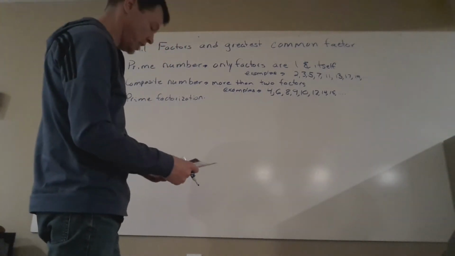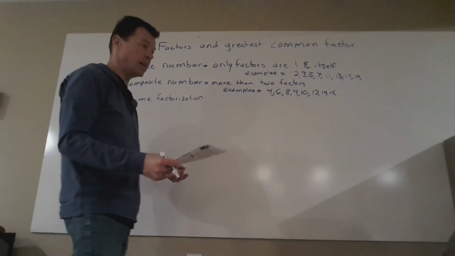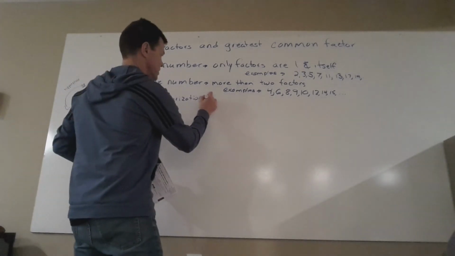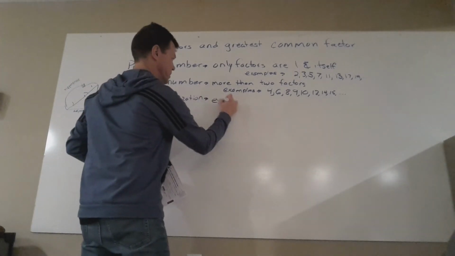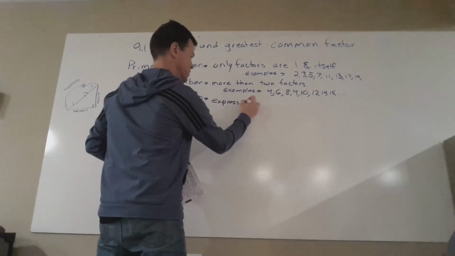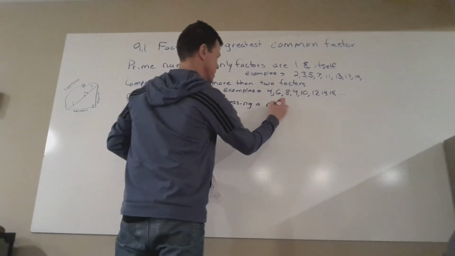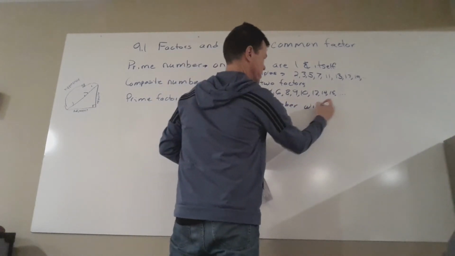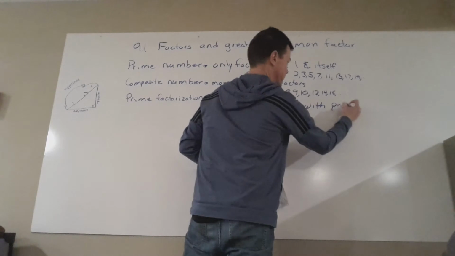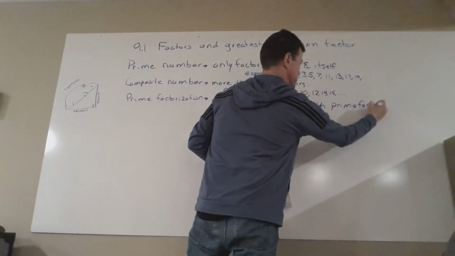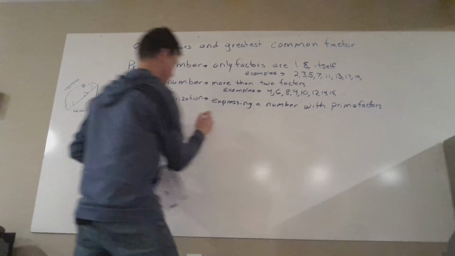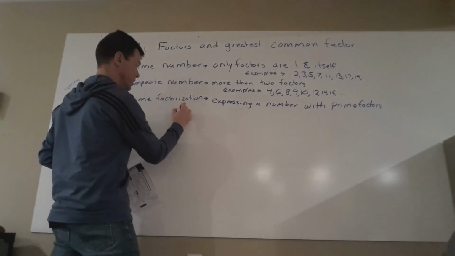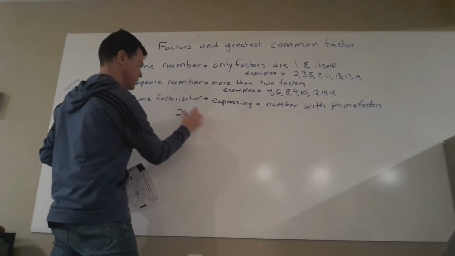And prime factorization is just a process of expressing a number with prime numbers, so expressing a number with prime factors. An example of that, let's say we take the number 28.